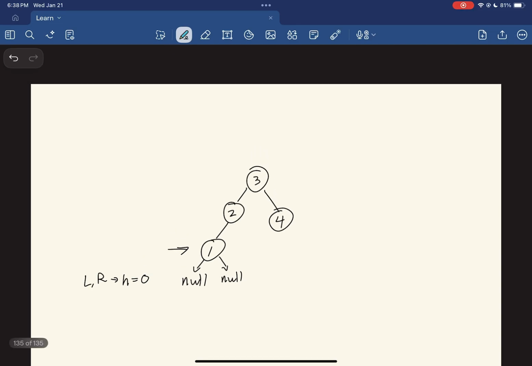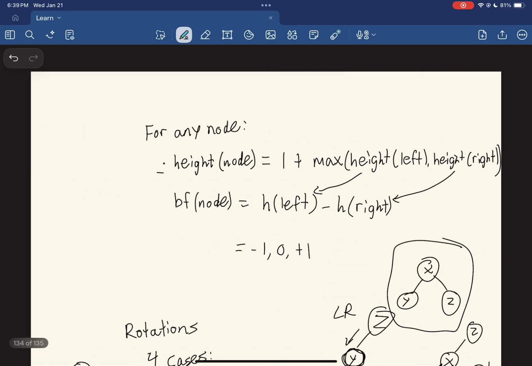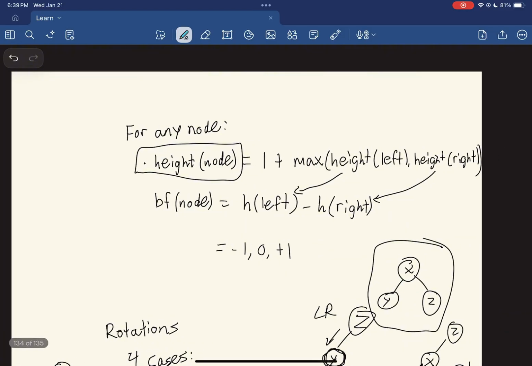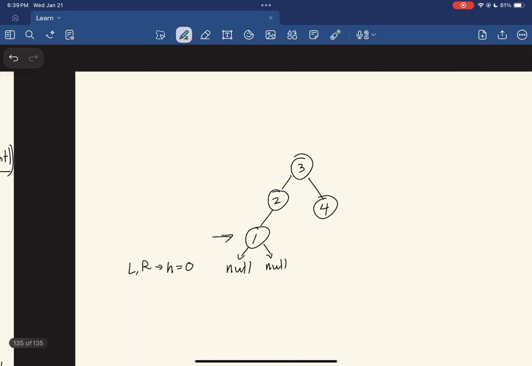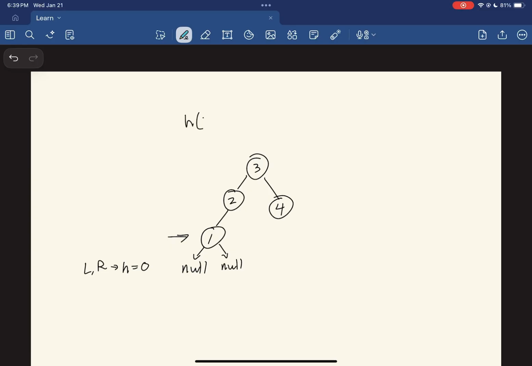And like I mentioned, we want to use the height formula: height of node is 1 plus the max of height from left and right. So height of the node is equal to 1 plus max of height left and height right. This is a balanced tree, by the way. Just putting that out there.